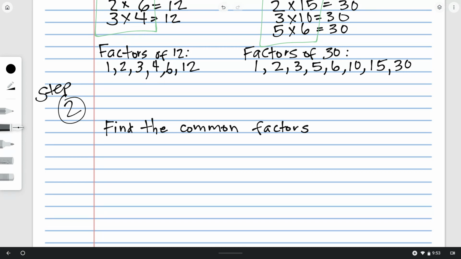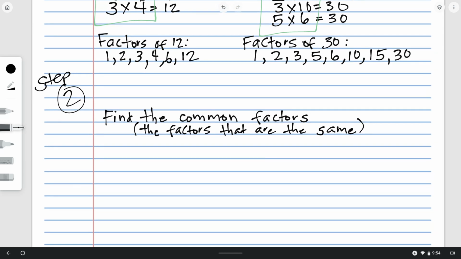I'm going to put common factors, and in parentheses underneath, I'm going to put the factors that are the same. The factors that are the same. So I'm going to take both of my lists, and I'm going to find the common factors.